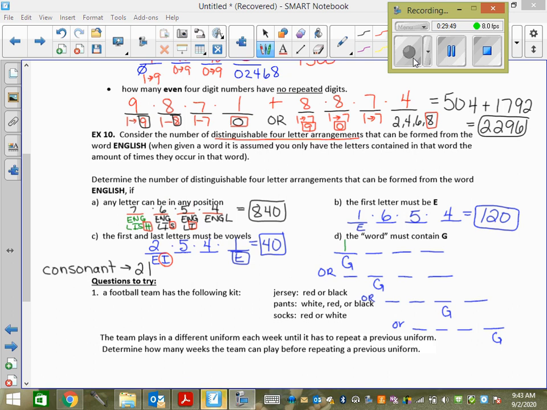Then I have how many letters left? 6, 5, 4. We're going to have 1, and then 6, 5, 4. Or 1, then 6, 5, 4. Or 1, 6, 5, 4. So each of these is worth 120. So we could go 120 plus 120 plus 120 plus 120 because of the ORs. Or we could just do 120 times 4, which is 480.